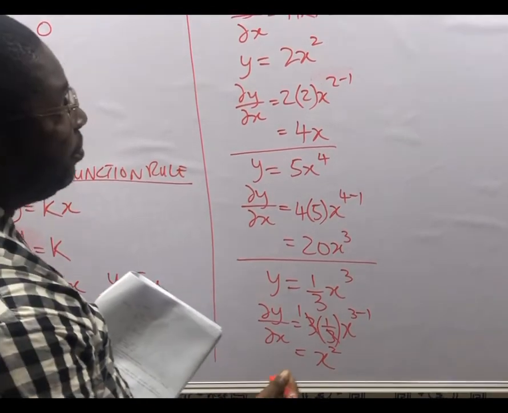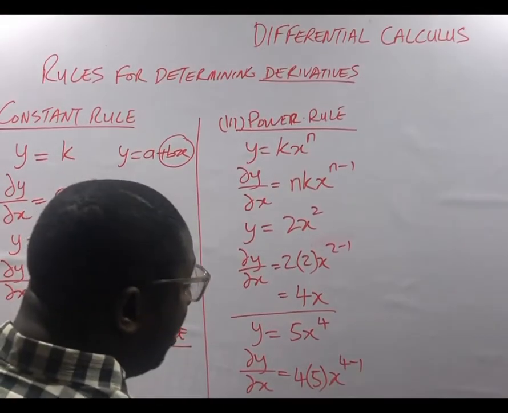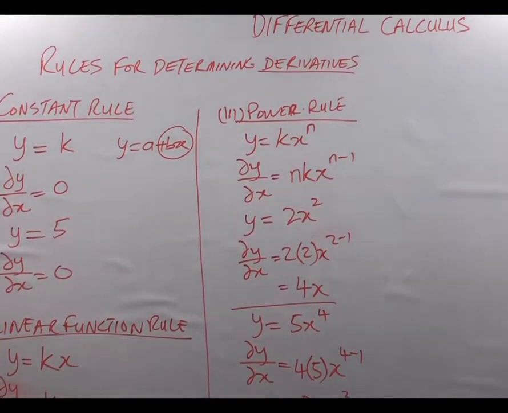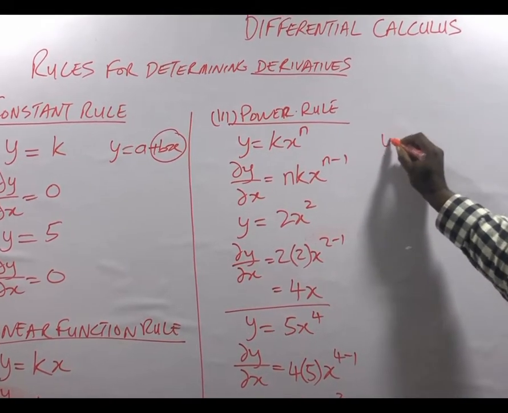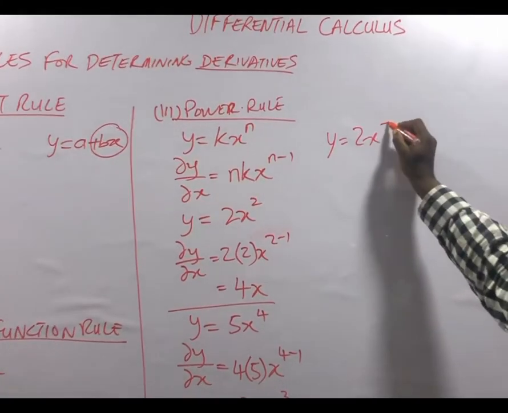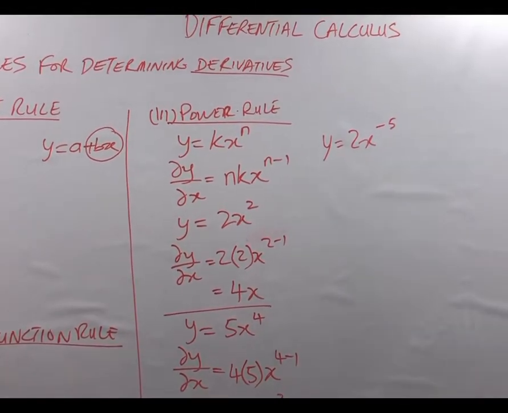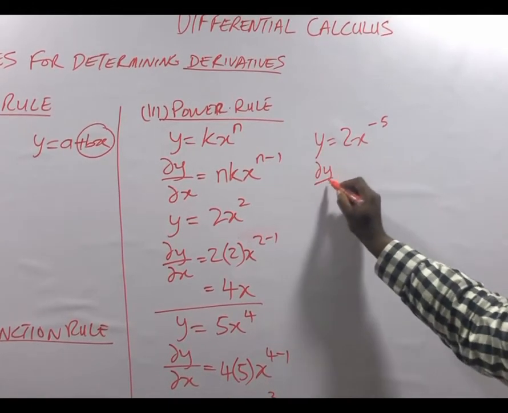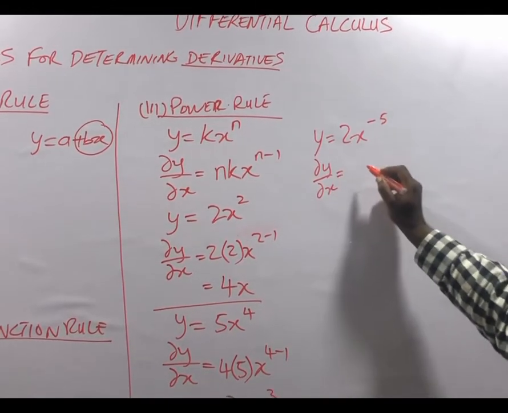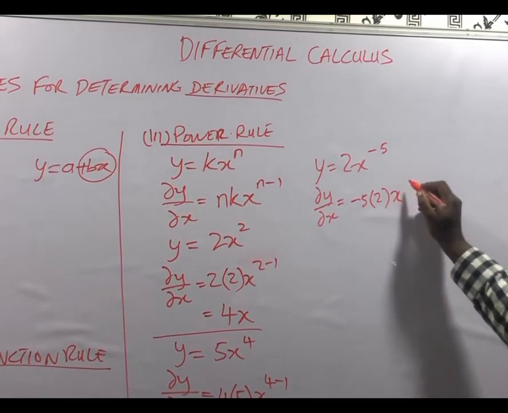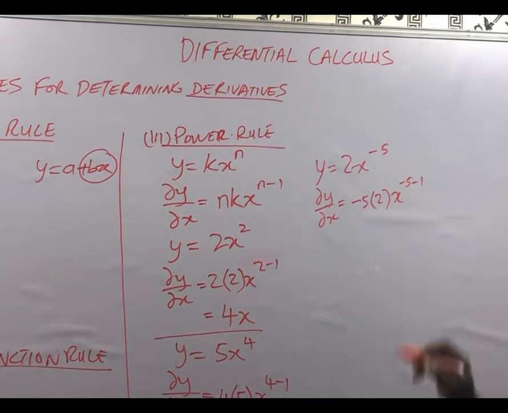Another example I may give you on the power rule, let's come to this side of our board. Let y be equal to 2x raised to power minus 5. These are several versions of the power rule, so that our answer dy/dx will be minus 5 times 2, then x raised to minus 5 minus 1.